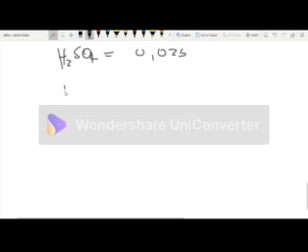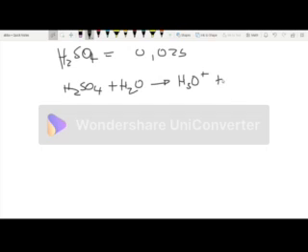Basically, we're still going to use the formula H2SO4 plus H2O is going to give us H3O plus, then a plus what? The HSO4 negative, something like this.